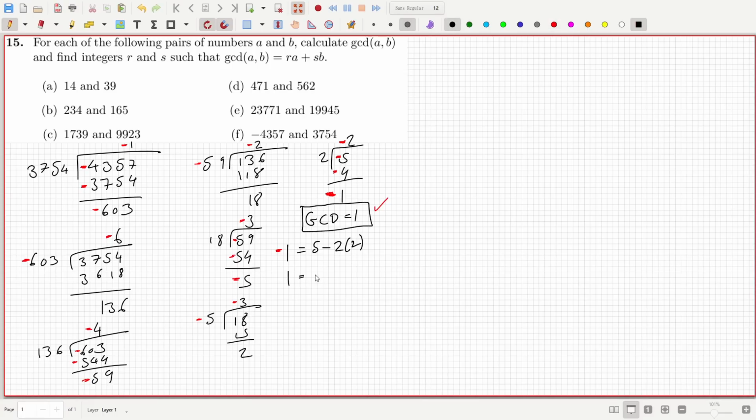So I got 1 equals -5 plus 2 times 2. And then, so that one is taken care of. So now I need to replace the 2. Now I could replace both 2's.